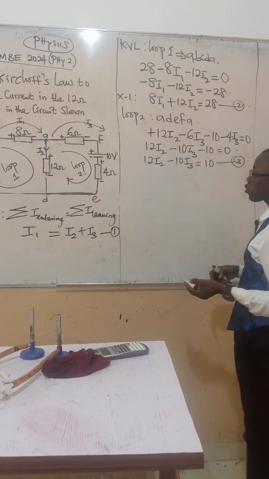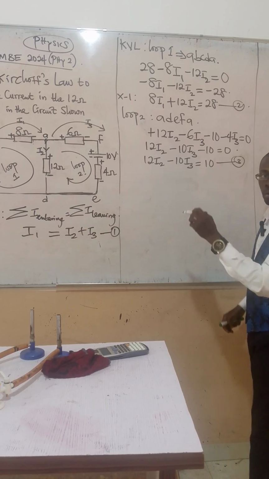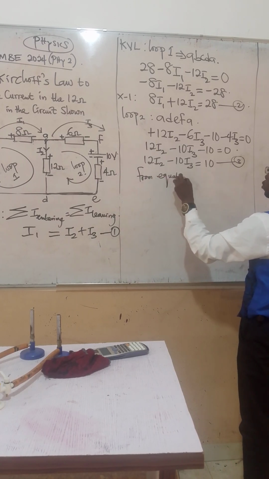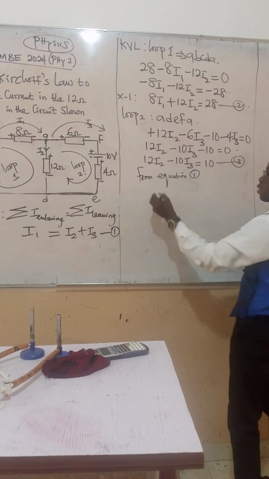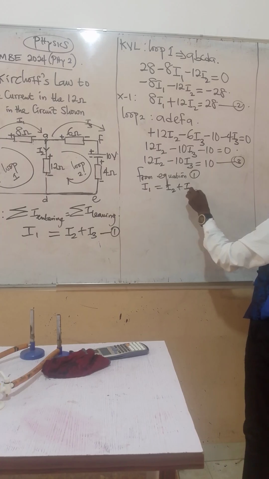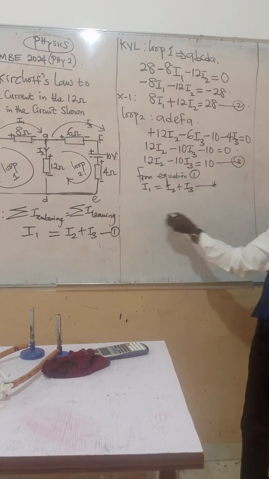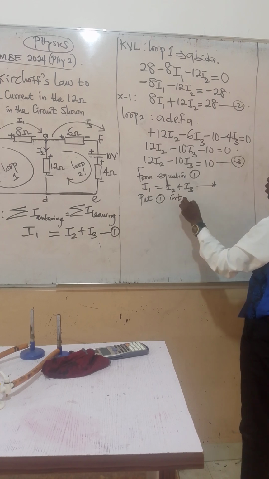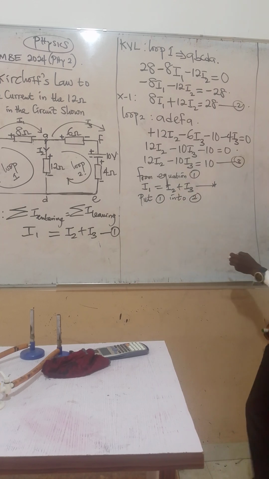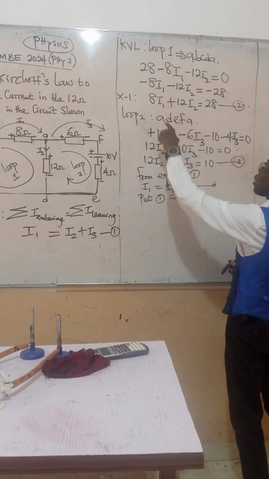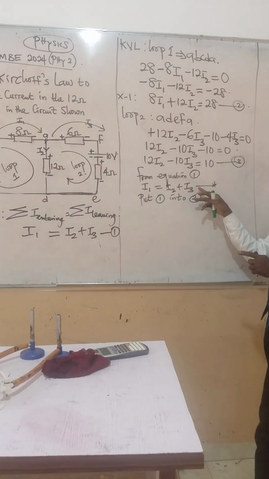So let's go with simultaneous equations, which is the substitution method. From equation 1, we have I1 equals I2 plus I3. Substitute equation 1 into equation 2. Equation 2 is 8I1 plus 12I2 equals 28. Anywhere I see I1 here, I turn that to I2 plus I3.